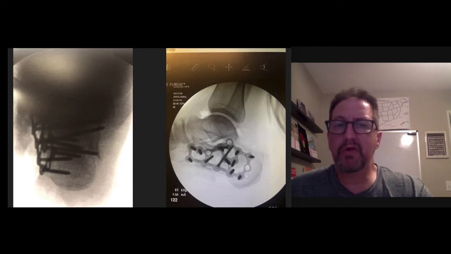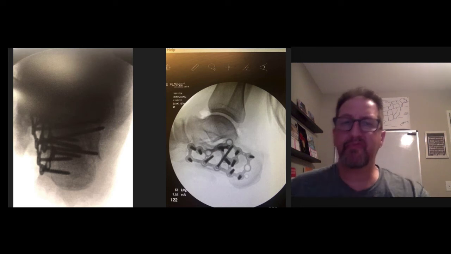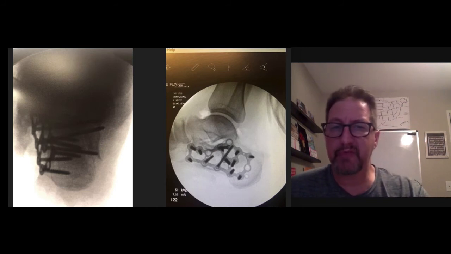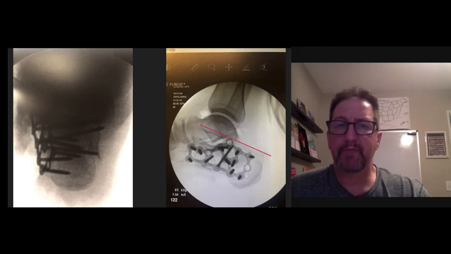What you're looking at there is called the perimeter plate, and once everything has been fixed back together, you have to hold everything together, and that's done with this plate. So some screws are put into the plate to hold it on, and that holds all of those fracture fragments together. And then we look at Bowler's angle.